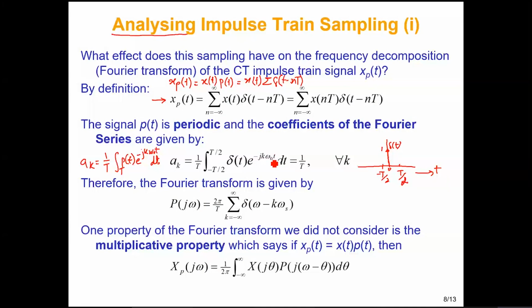So this whole integration gives us a value equal to 1. So a_k comes out to be 1 over T only. That means the Fourier series coefficients of p(t) are just 1 over T.